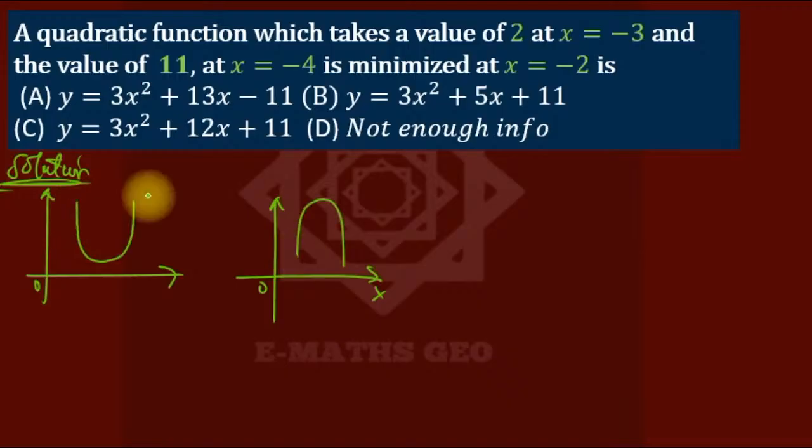So the function is always y equals a times (x minus h) all squared plus k, where h, k is the coordinate of the vertex.